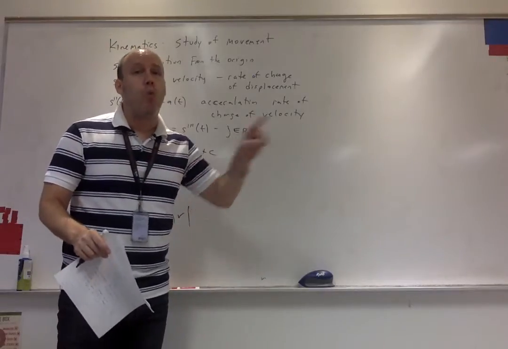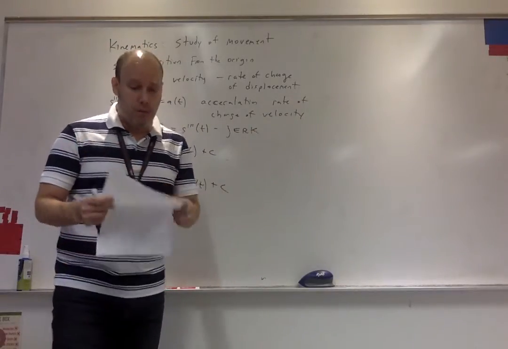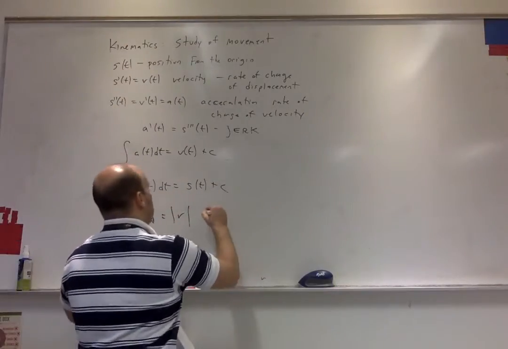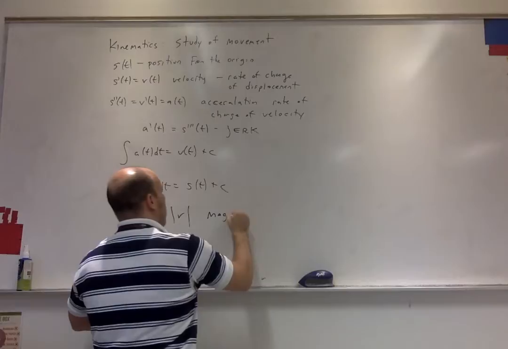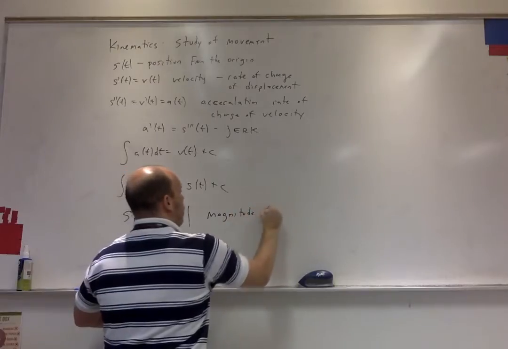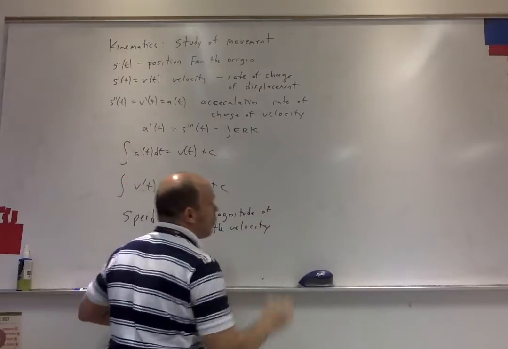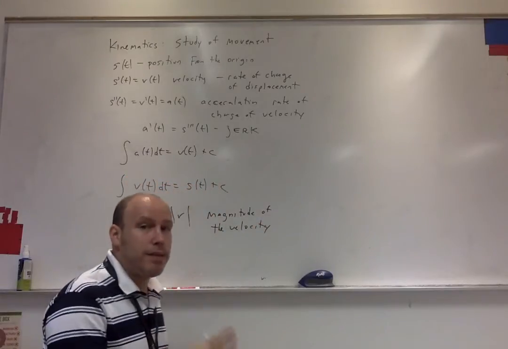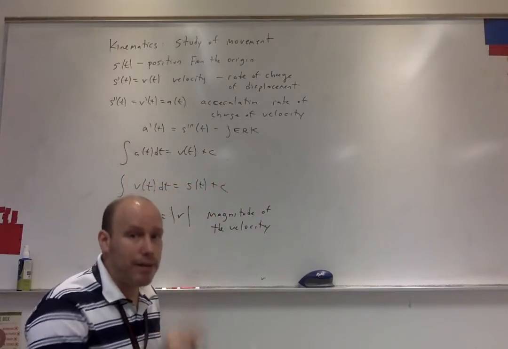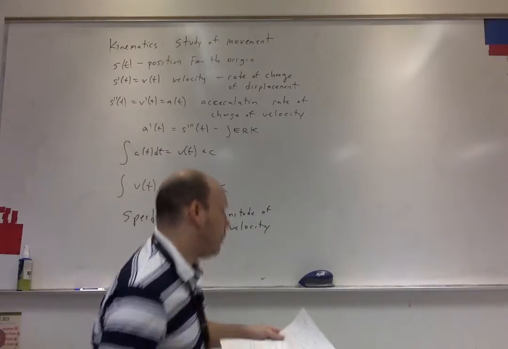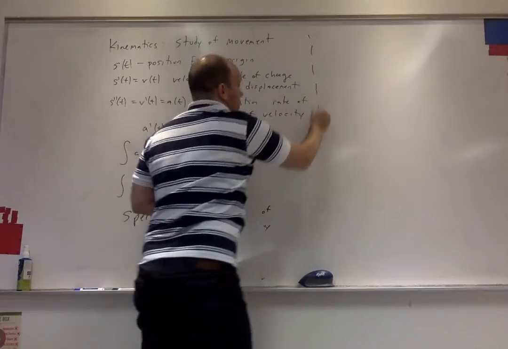I don't care where you're going. Once again, it's the magnitude of the velocity. Let's just say it again and again: this is a math class. It's not a science class, so don't get caught up in that.